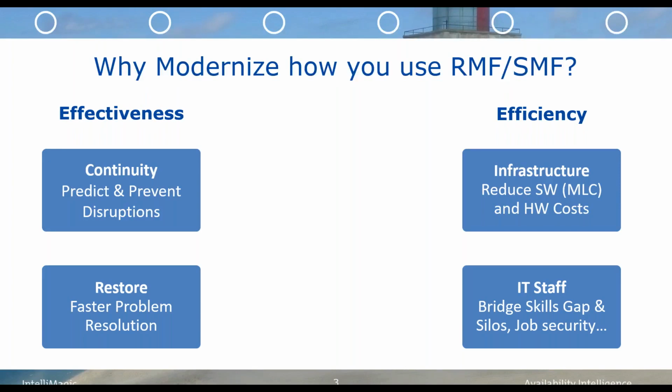On the IT staff side, we believe that taking a different approach to the RMF and SMF data will also help bridge the skills gap, which we all know is an issue. It's difficult to come up to speed on the platform, and we do have people with deep expertise that are retiring and so on. So one of our approaches that you'll see today is to include a lot of expert knowledge in the product, with recommendations and ratings about what's good and bad, and this can really help people come up to speed.